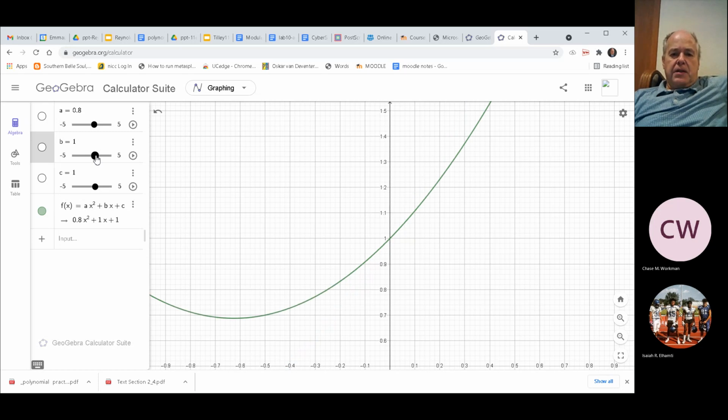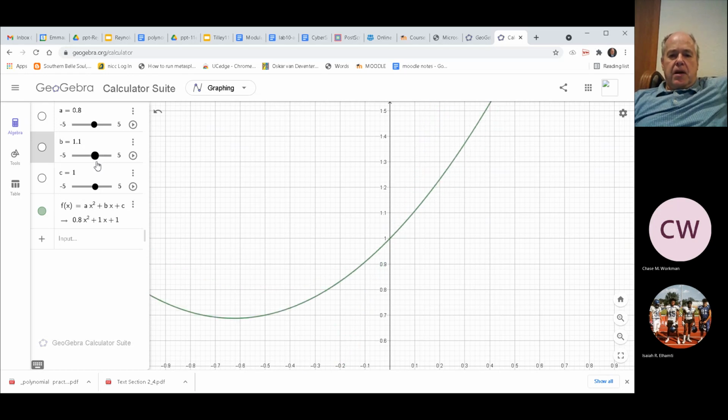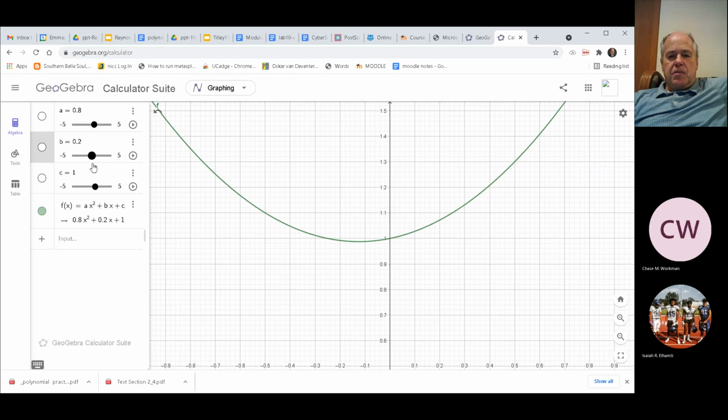And as I adjust that, I see b is affecting the slope of that curve around where it goes through the y-axis. Where x is 0, b has an effect on the slope, and it's almost like a line there, but as I get farther from the y-axis, it's more of a curve.